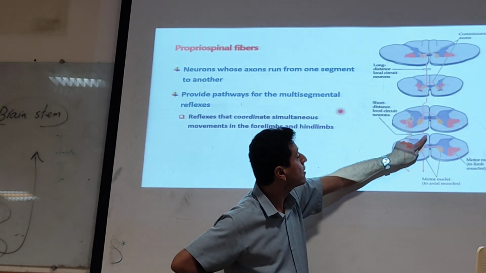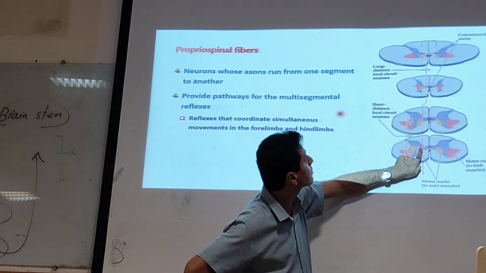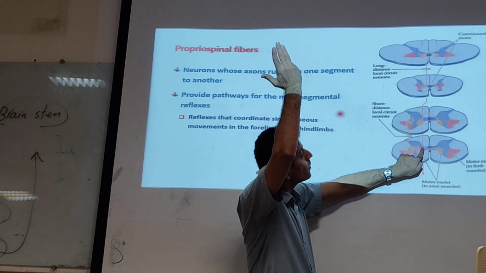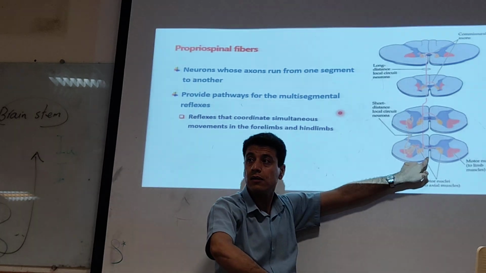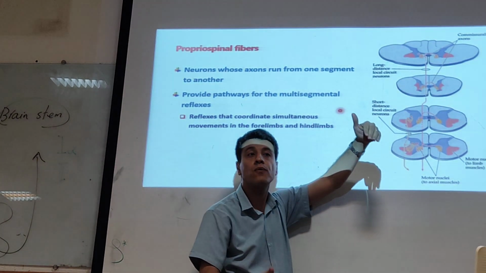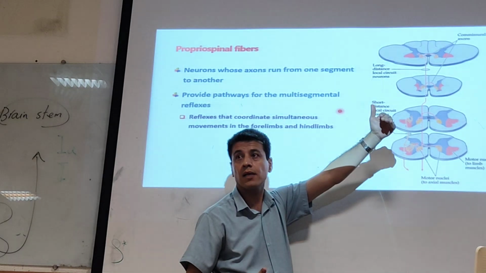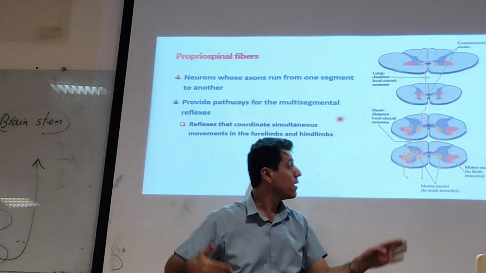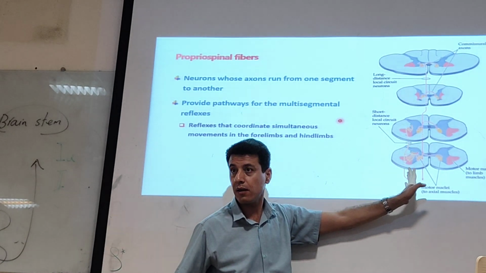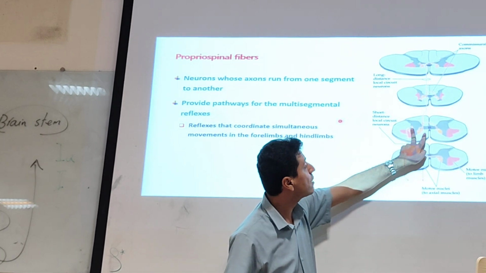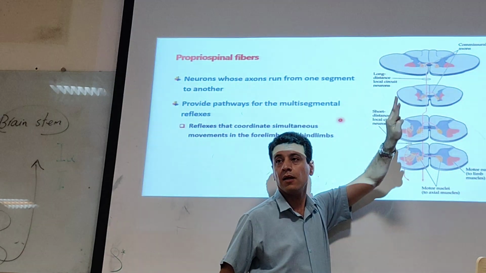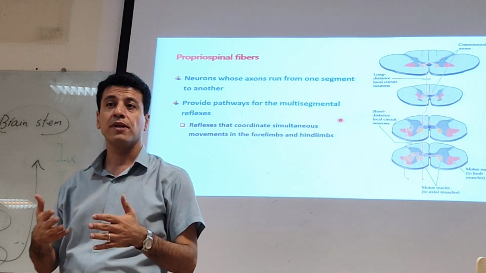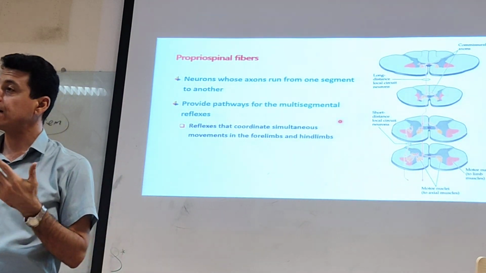So this one, you can see, it sends the axons several segments upward, several segments downward. So it again provides vertical connection between the segments, but more segments than the lateral one. Right? And you can see that the connections are bilateral, because axial muscles should be contracted bilaterally.